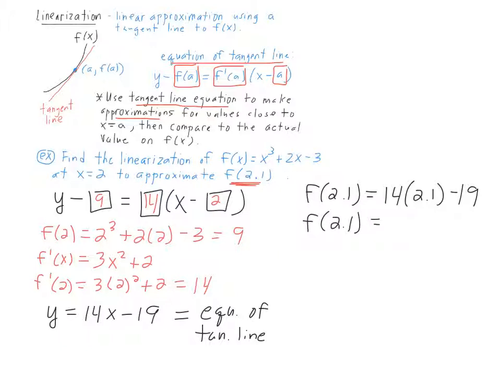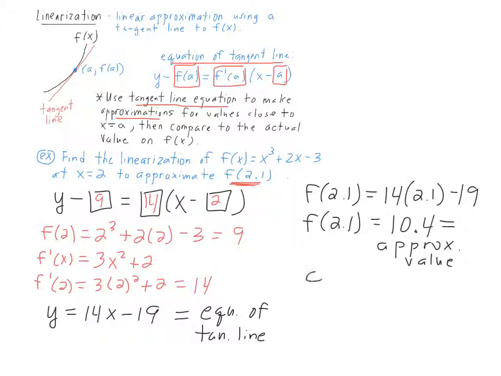And when we do this using our calculator, we're going to get exactly 10.4. So that's known as our approximation. Okay, so 10.4, this is equal to our approximate value. Alright, so now what we're going to do is compare it to the real value.